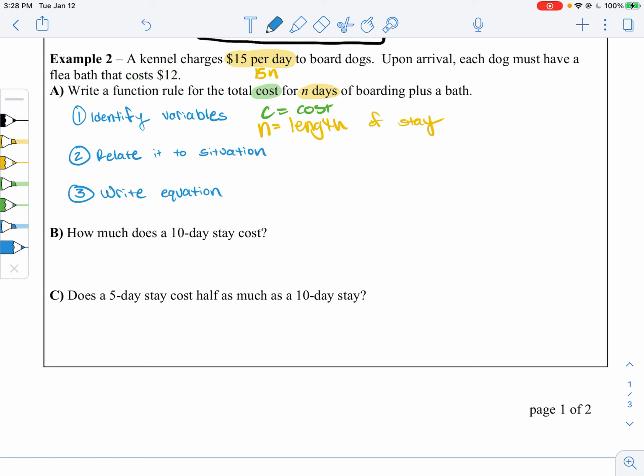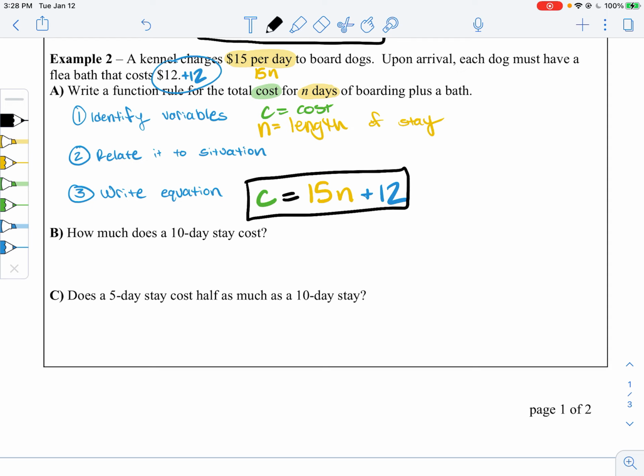Ooh, so that's an additional $12 cost for our bath. So what's the cost in total? Well, the cost is equal to 15N, so 15 times the number of days we stay, plus 12 for our bath. There we go, that's our equation.